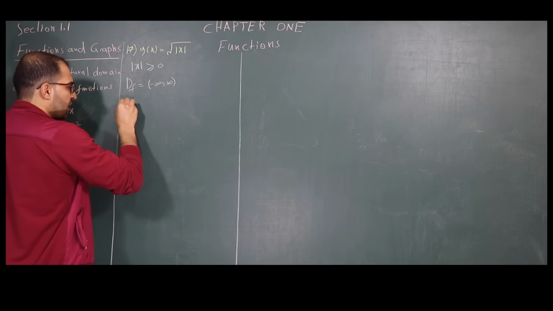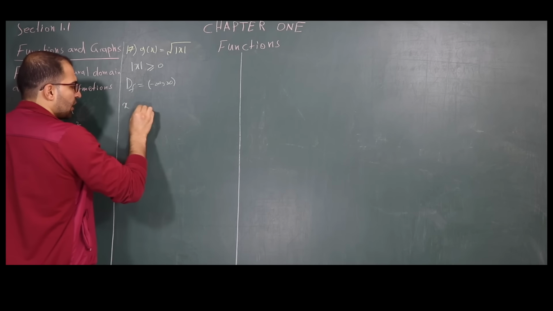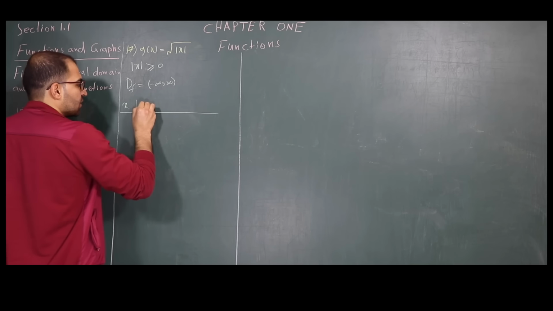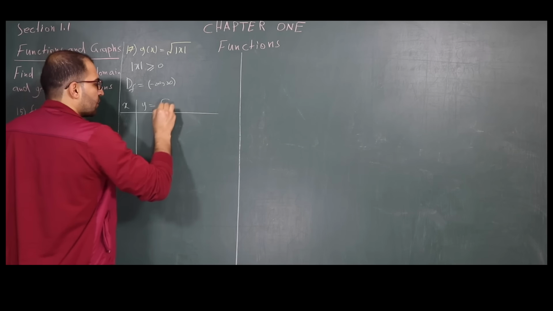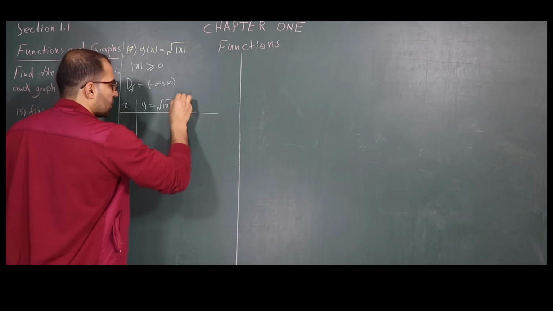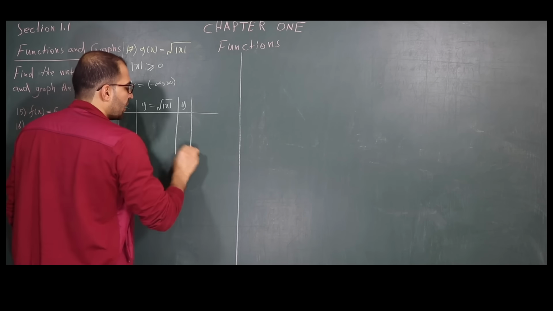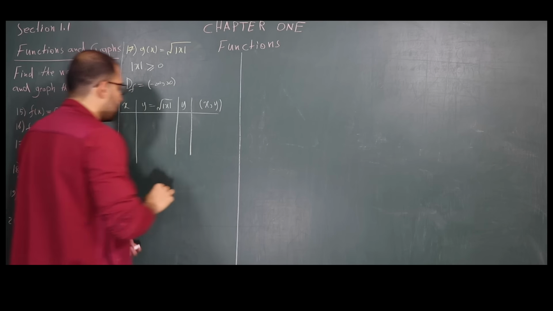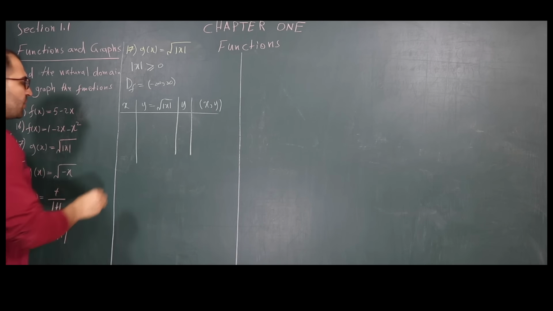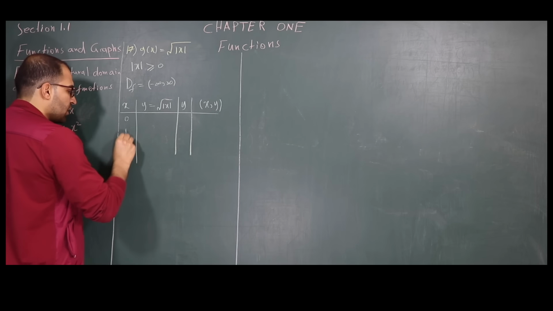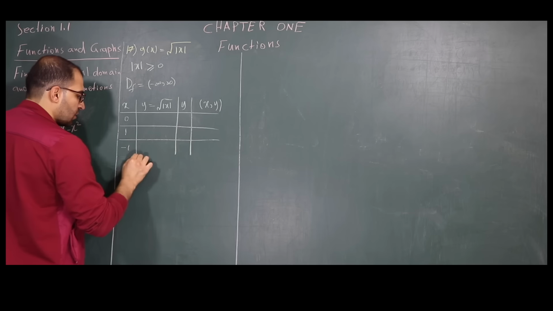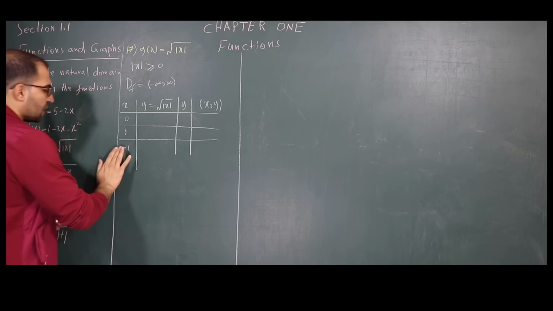I'm going to take x as an input, and I'm going to apply the function, which is y equal to the square root of the absolute value of x, and I will get y. After I get y, I will get points x and y, and then I'm going to plot them. I'm going to make life easier here.